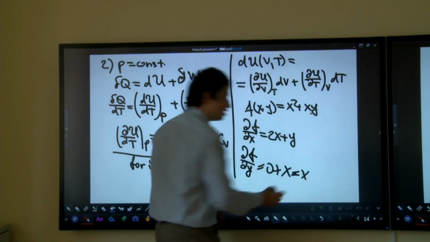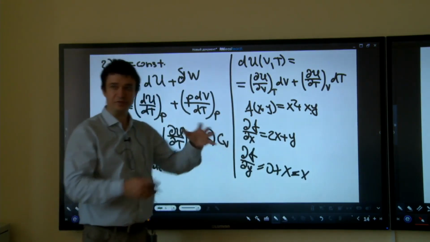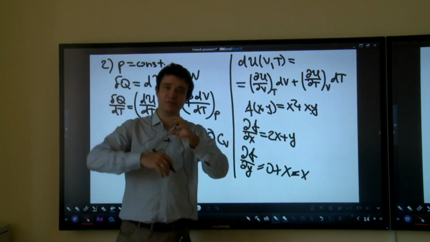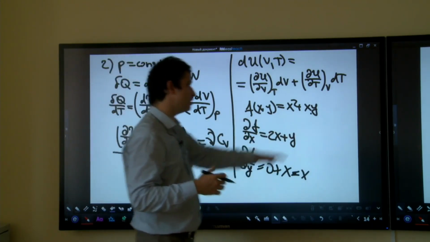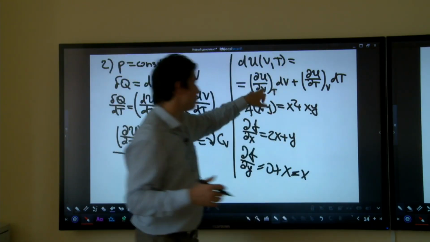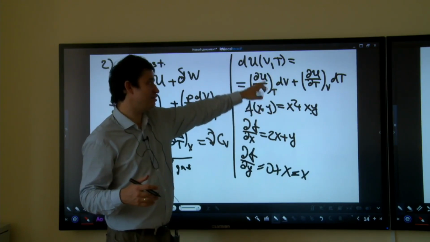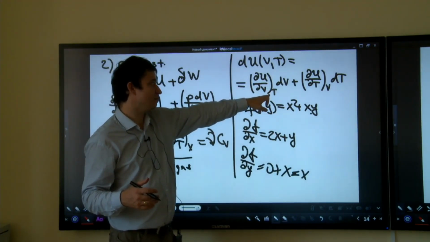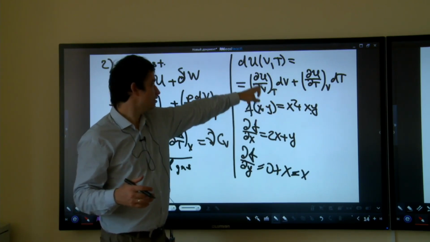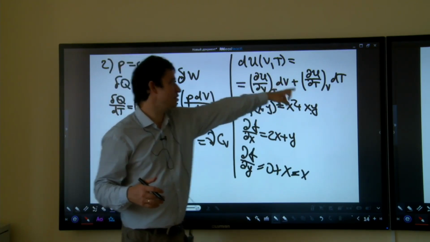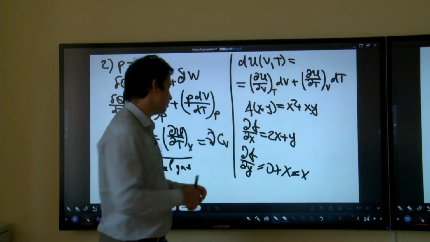So that is how partial derivatives are calculated. You assume that there is only the one variable, while everything else is just parameters. And the same happens for this. So in thermodynamics, I also add what kind of variable I consider as a constant here. So dU over dV at constant T, dU over dT at constant V.